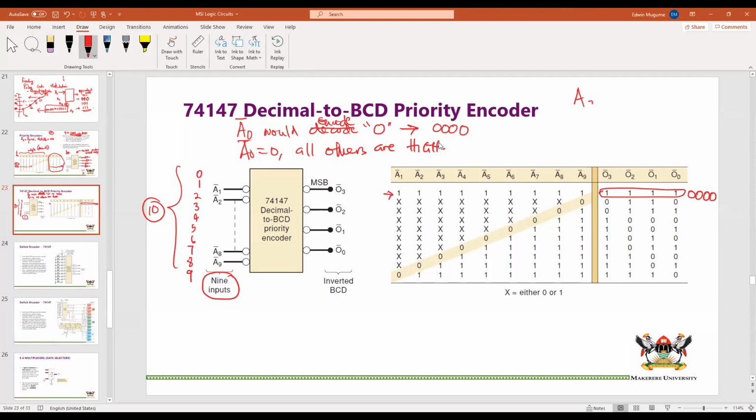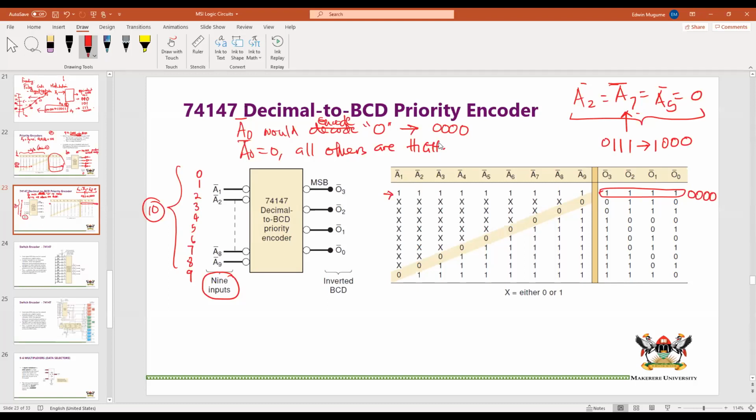What if A2, A7, and A5 were all 0? In this case, with the priority encoder, we know that A7 would take precedence. The BCD for A7 is 0, 1, 1, 1, which means in this case, because it is inverted, it would be 1, 0, 0, 0.